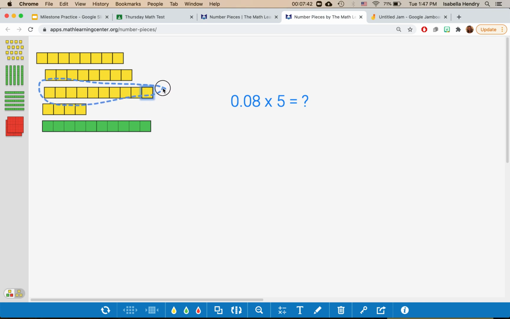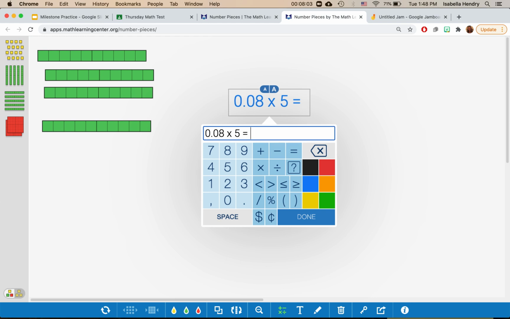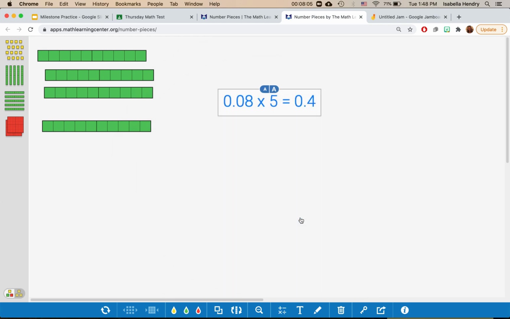This can turn into a tenth, and again, this can turn into a tenth. And last one, these can turn into a tenth. So I can now say that this is equal to 4/10.